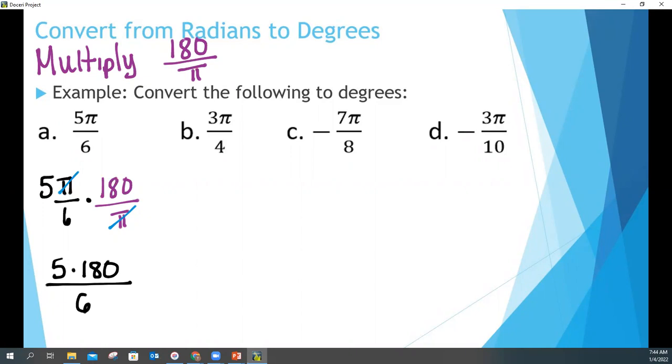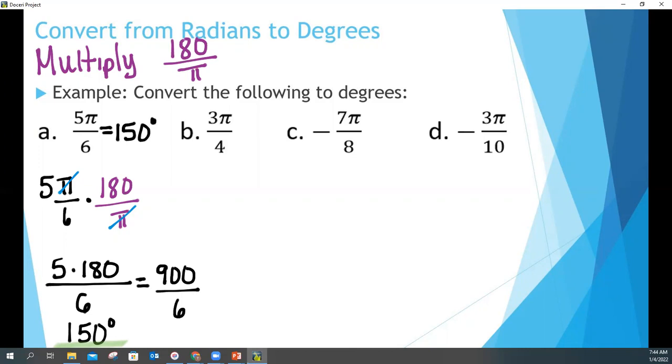So if I take 5 times 180, I get 900. And then 900 divided by 6 is 150. So the answer is 150 degrees. So 5 pi over 6 is equivalent to 150 degrees.